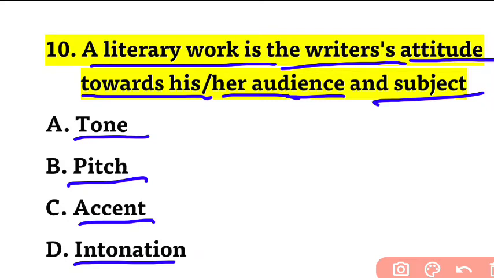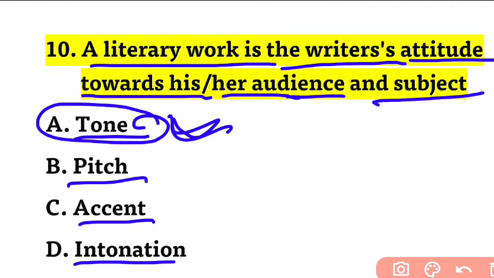So what will be the answer? Tone. The writer's attitude towards his or her audience and subject is called tone.